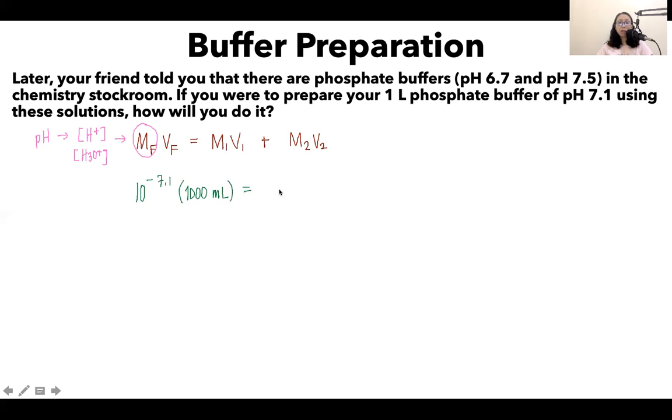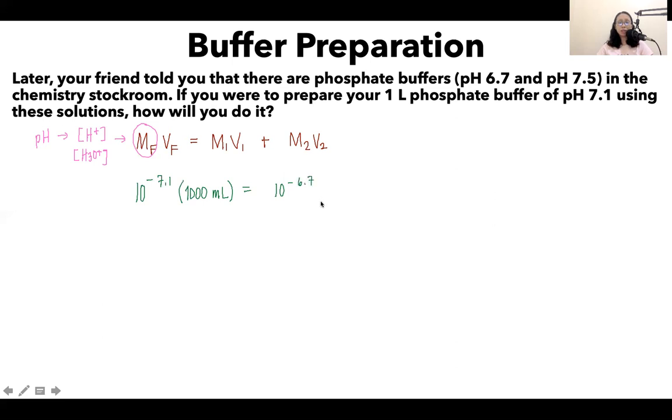Next, for our first component, which is the first buffer solution, the one with pH 6.7, the concentration of hydrogen ions is 10 raised to negative 6.7.